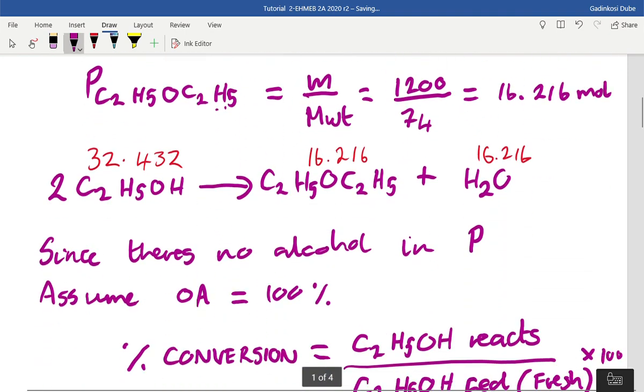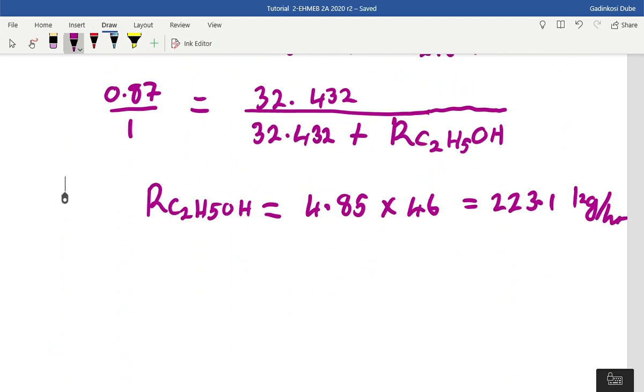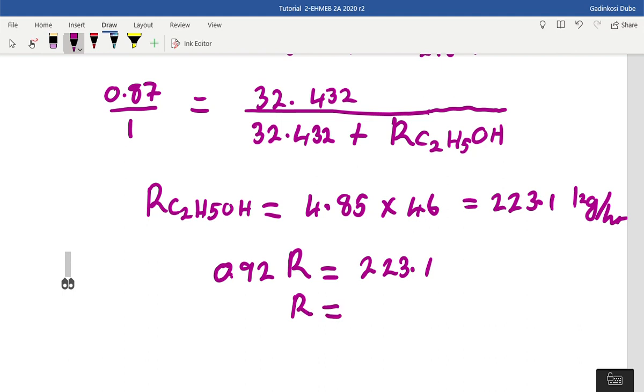Since we've got mass now, we use the mass fraction, so 0.92 multiplied by R gives us 223.1. Which means R, the recycled stream, is 242.5 kilograms per hour.